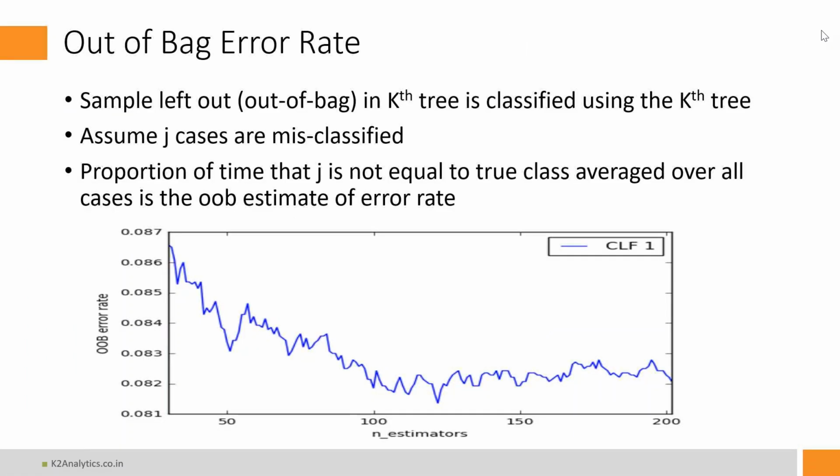What is out of bag error? When you are creating a sample from the population, you create a sample with replacement. Let's take a simple example. You have 100 records.